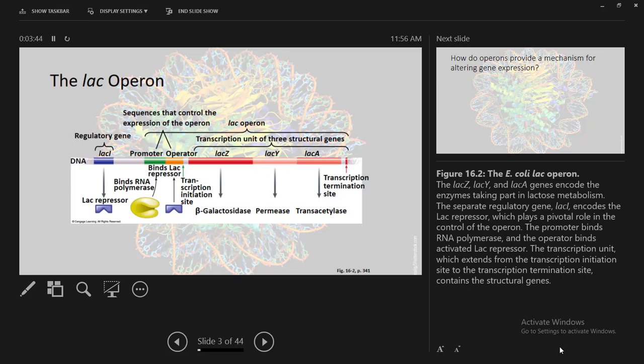We talked a little bit about promoters before, and the TATA box, and how in eukaryotes that basically is a signal of a coding gene. In prokaryotes, the promoter's different. We call it the Pribnow sequence.